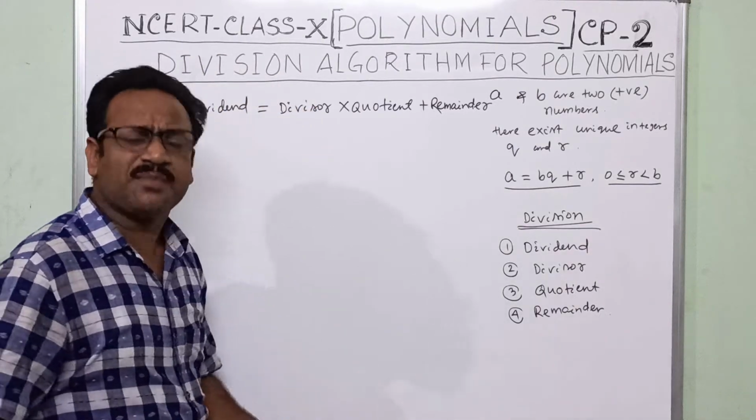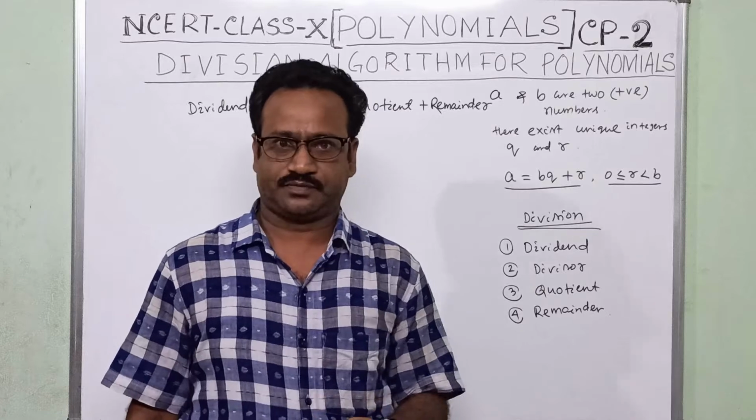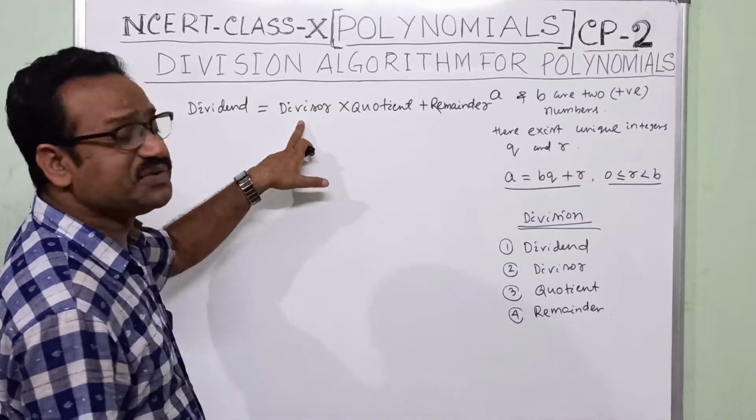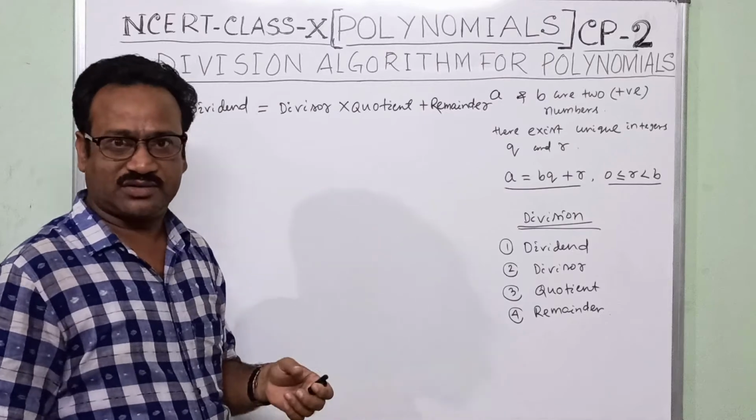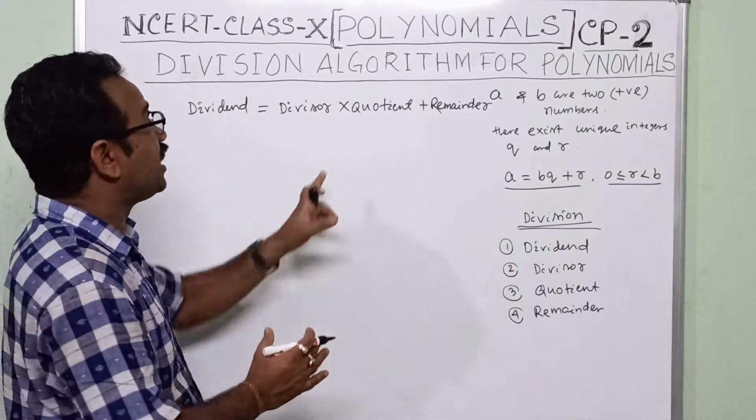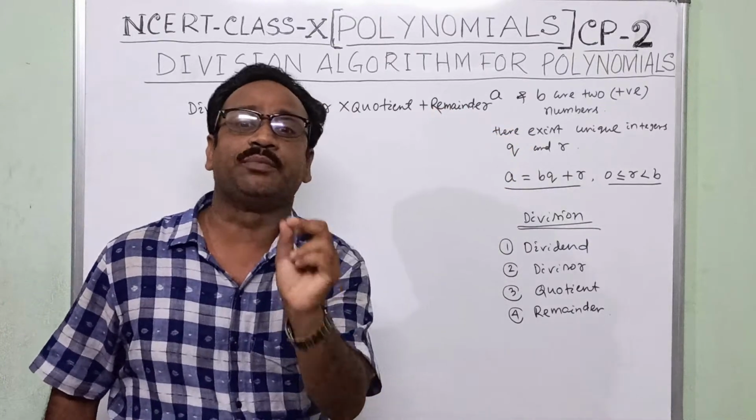Now in some cases we are getting remainder 0. There we can say that the divisor is a factor. That thing we already know. The same thing we will discuss here for polynomials.